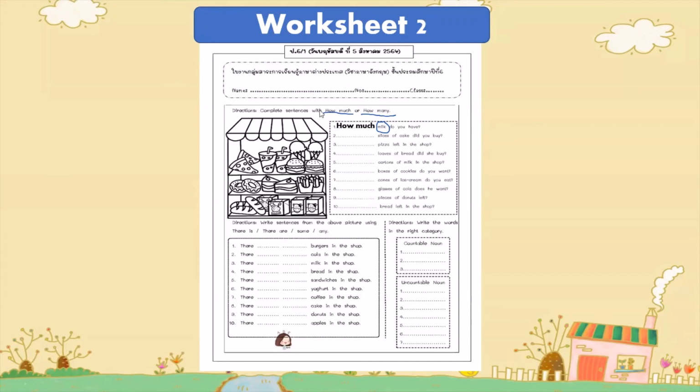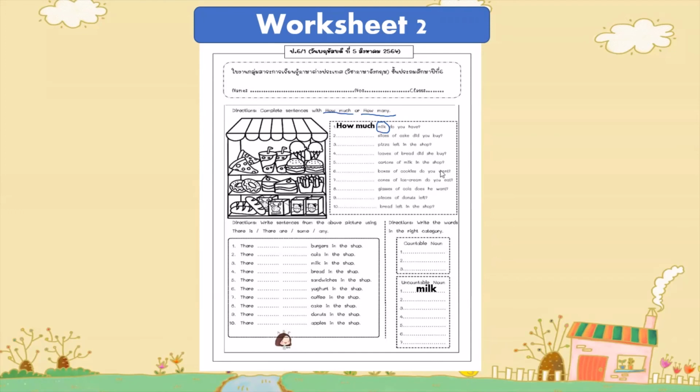Now, after answering 1 to 10, you are going to put the food in here. Countable and uncountable. Countable, something you can count. Uncountable, something you cannot count. Example, milk. Can you count milk? No. So milk is uncountable.